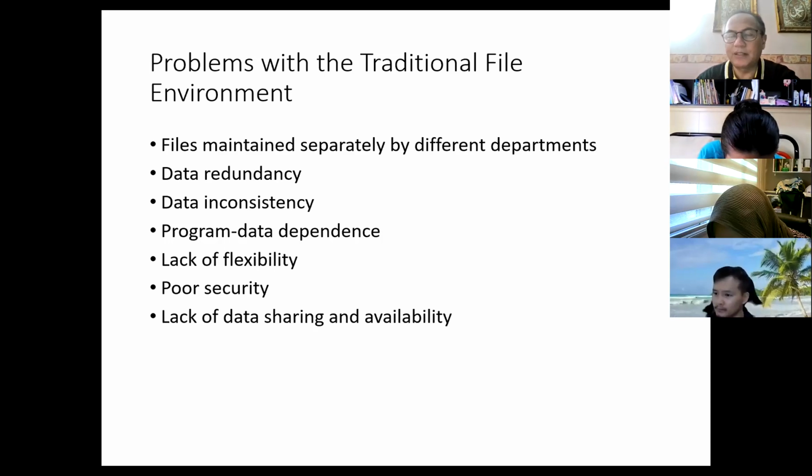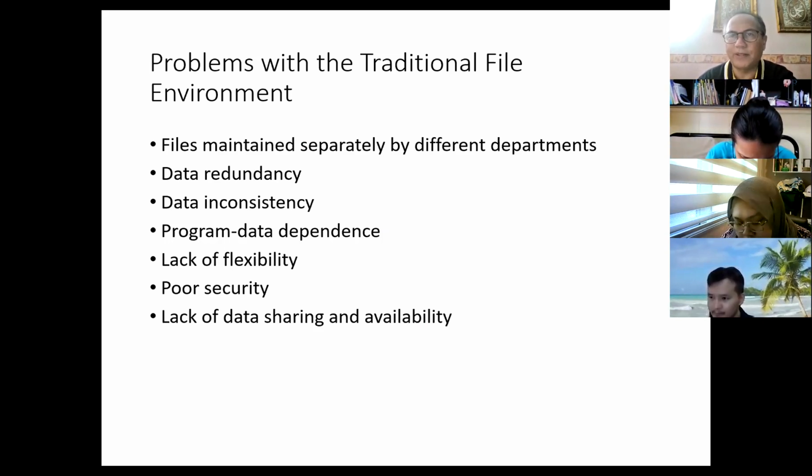Each department will have its own record. For example, for the same customer, say named Ali, it's kept by HR, by the sales department, by the marketing department, by the production department, by the finance department, the same record.